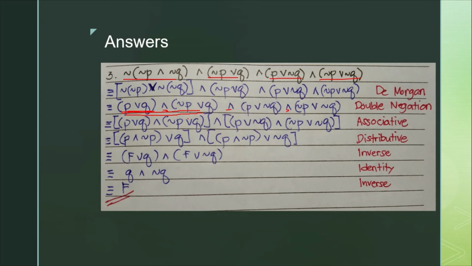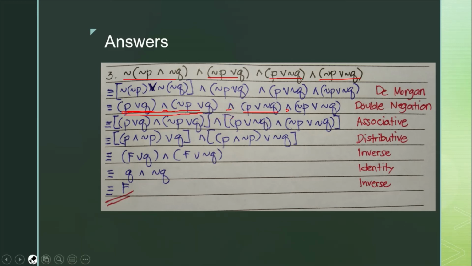Then group this using associative. I did not use commutative. When I solve this, I think I can do it just using associative. If you think you can use commutative, it would be better if you want to transfer this to here, and you can do that. But for me, I leave it as is.